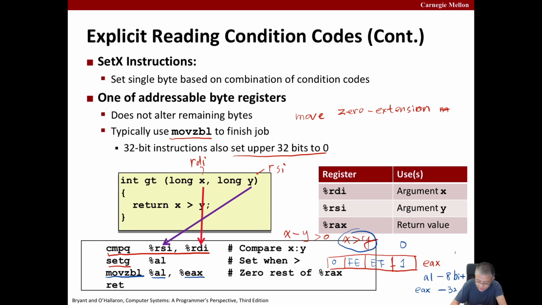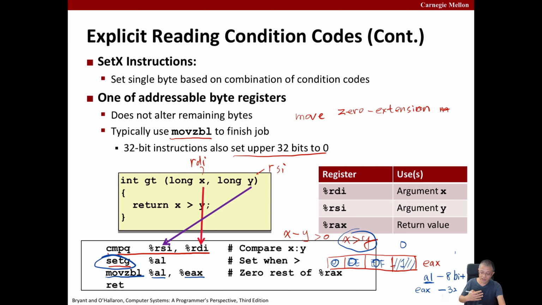So what this instruction does is copy the 8 bits of AL to the EAX register. It will be either 0 or 1, depending on this condition here. Because AL is only 8 bits and EAX is 32 bits, it will set the other bits in the EAX register to be 0. This is called a 0 extension.